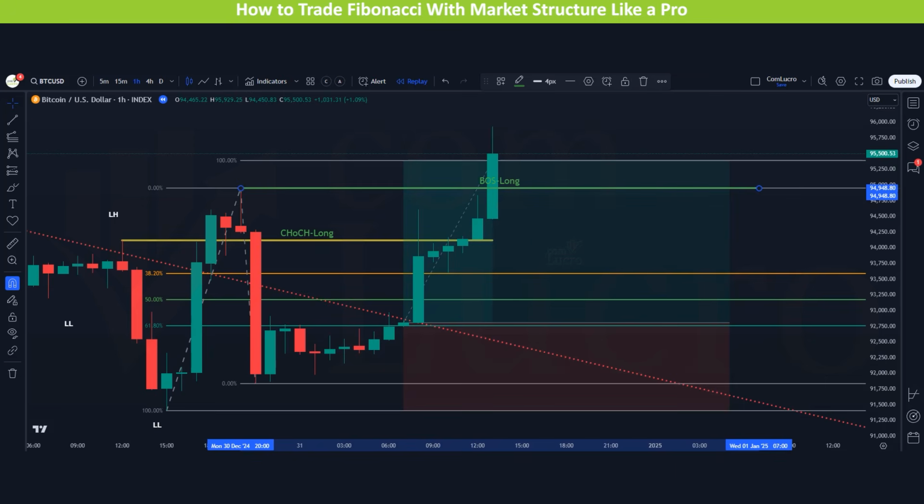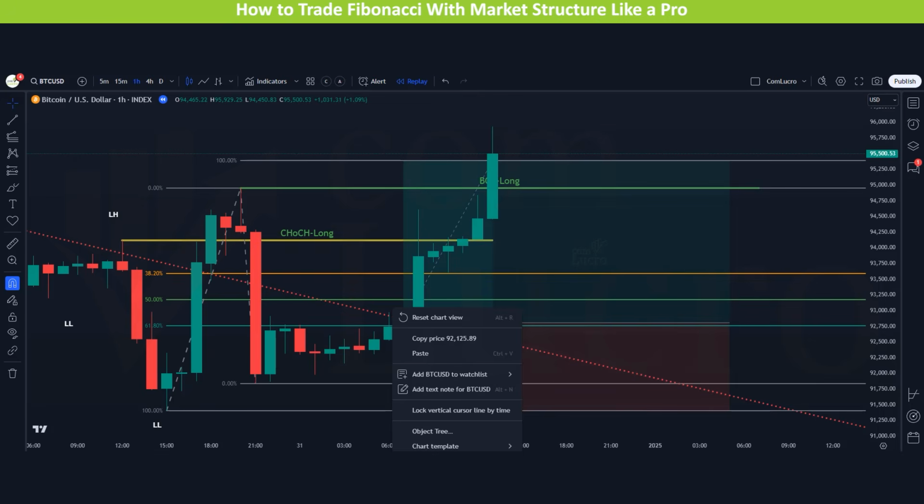Now, with the market clearly signaling a change in direction, it's time to adjust our approach and align with the newly established bullish trend. Following the CHoCH and BOS, which confirm the shift in structure from bearish to bullish, our focus moves to fresh buying opportunities.